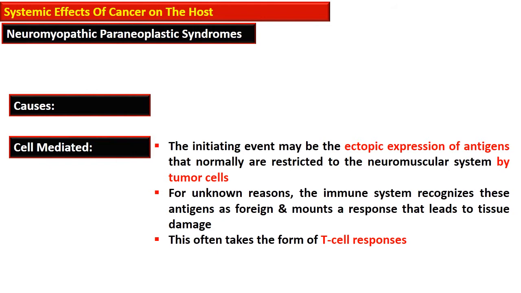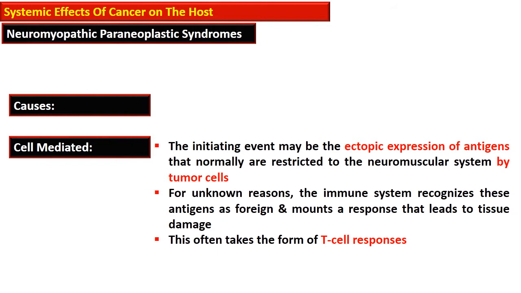This can be cell-mediated or antibody-mediated. In the cell-mediated type, the initiating event may be ectopic expression of antigens that normally are restricted to the neuromuscular system by the tumor cells.